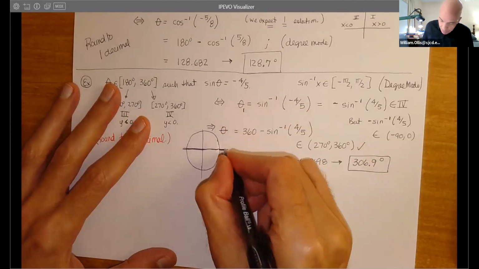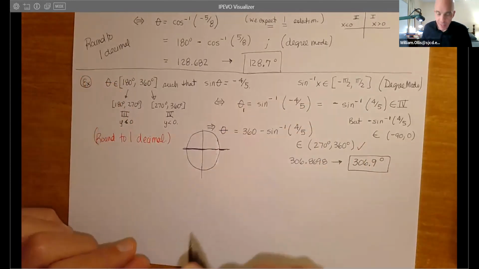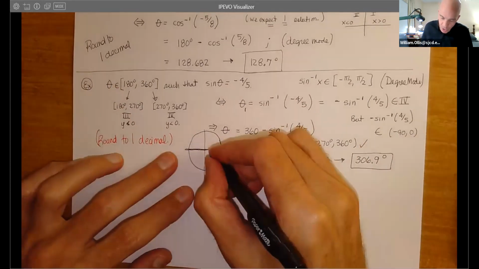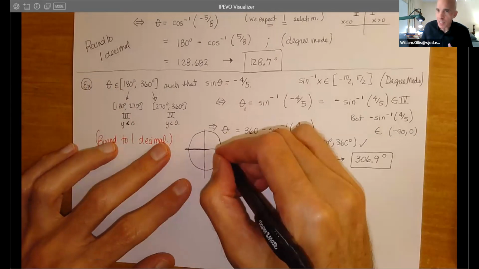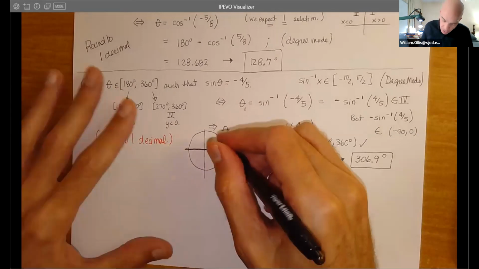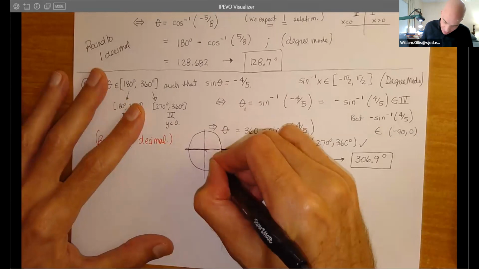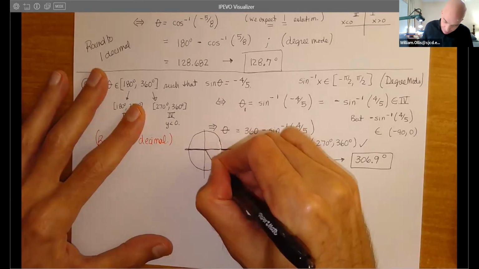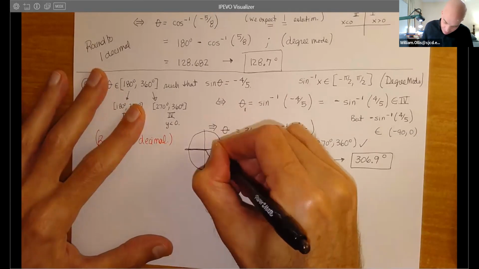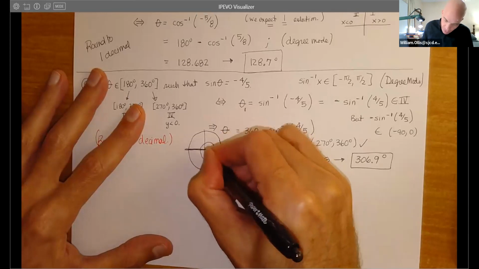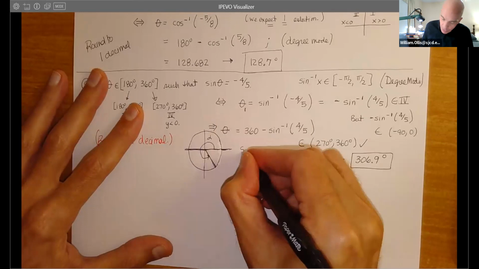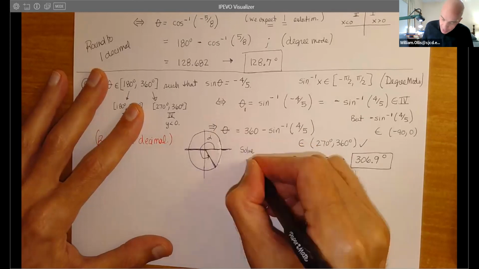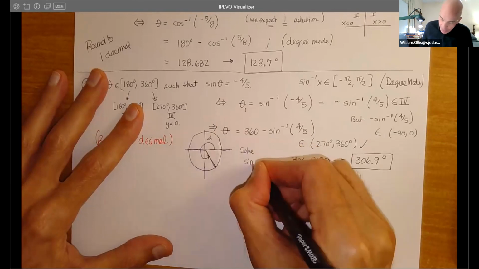So here we go. Let's just use an alpha and a beta. Those are my favorite Greek letters aside from phi and theta. So say we had an alpha here. So here's an alpha, and it solves sine x equals b.